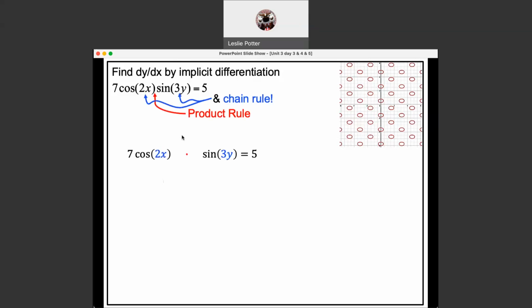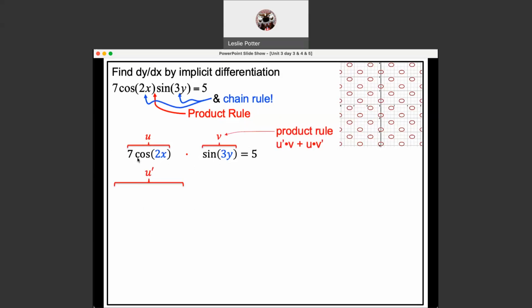I'm going to divide it up like this because the 7 is just a coefficient. We actually could have divided out the 7 too. So I'm going to split it up like this. This is 7 cosine 2x, I'll call my u, sine 3y, I'll call my v. Okay, and so I'm going to start with the differentiation.